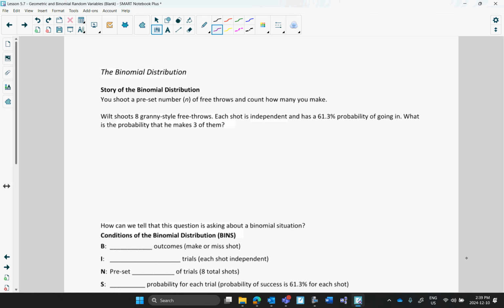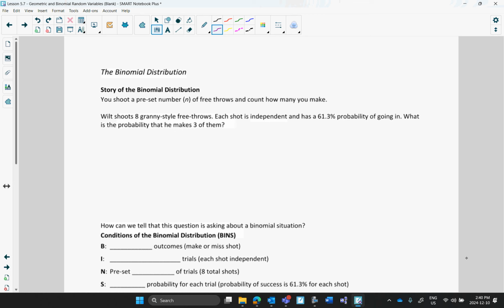So it's not the first success. It would be like, okay, you shoot 10. What's the probability that you make 5? What's the probability that you make 8? What's the probability that you make 4 or fewer? That's the difference between the two.